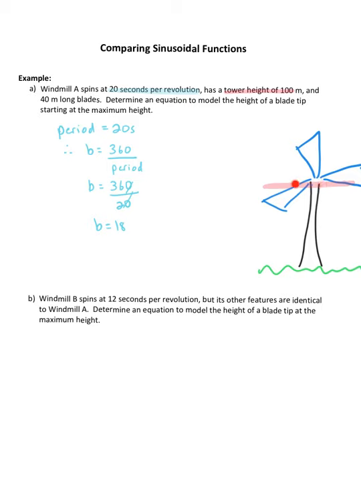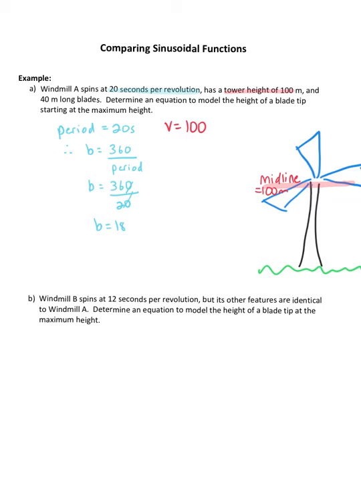So the height of the tower is actually the midline, and the midline we find from the V value. So once we know what the midline is, we know what the V value is. So the midline is 100 meters, so we know that the V value is 100 meters. There has been a vertical shift 100 meters up.